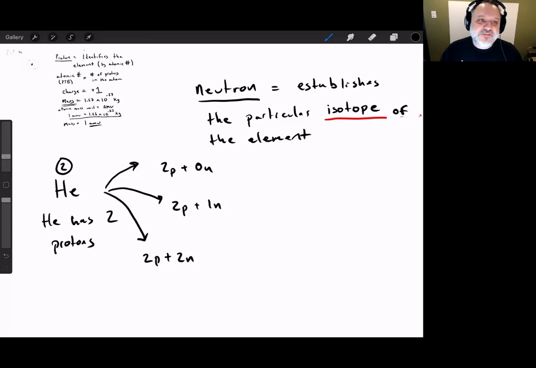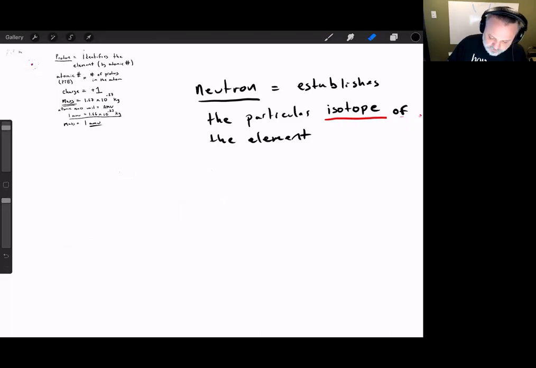And so I didn't specifically define isotope, but I am sort of telling you what the word isotope means. The word isotope has to do with the number of neutrons. And I'll specifically define that when we get together next time. But I want to talk more about neutrons when it comes to what they do for an atom. So the number of protons identifies the atom.